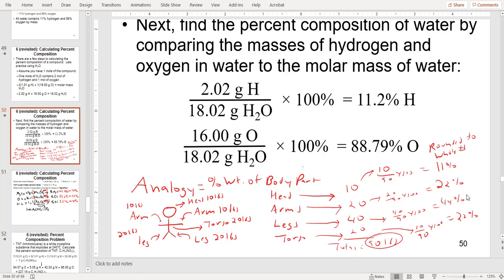Now we're going to go ahead and figure out the percent weight for each element within the molecule, regardless of how many atoms there are. So for example, let me just go ahead and do the highlighter really quick.